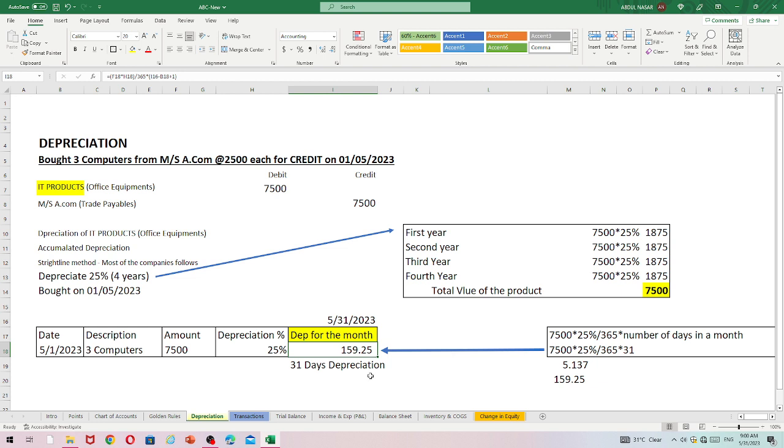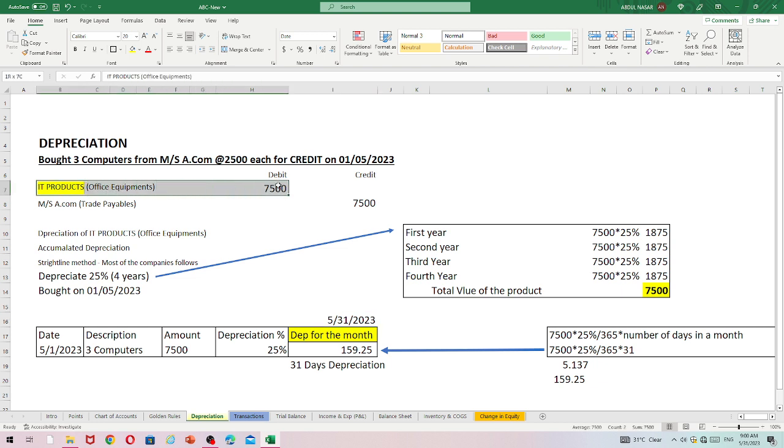Now we need to pass the journal entry. What is the journal entry for passing this 159 at the end of 31st May? This item, these three computers, is an asset which we have booked into the IT products office equipments account with 7,500.